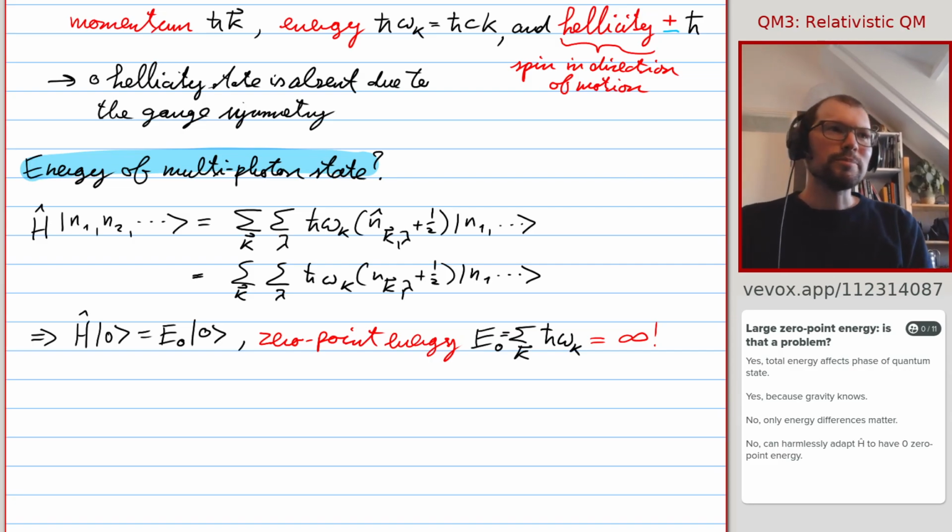So is that a problem? Yes, the total energy affects the phase of our quantum state according to the Schrödinger equation. Yes, because gravity, or no, because energy differences do not matter. Or can we just harmlessly remove it by slightly adapting our Hamiltonian?